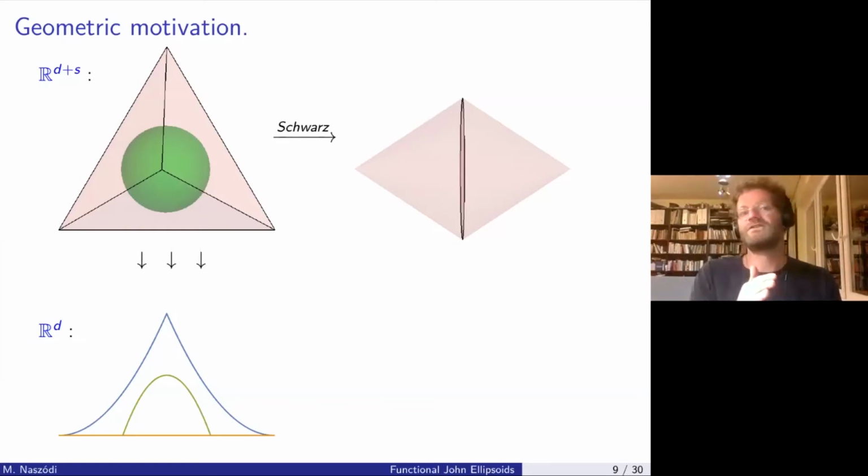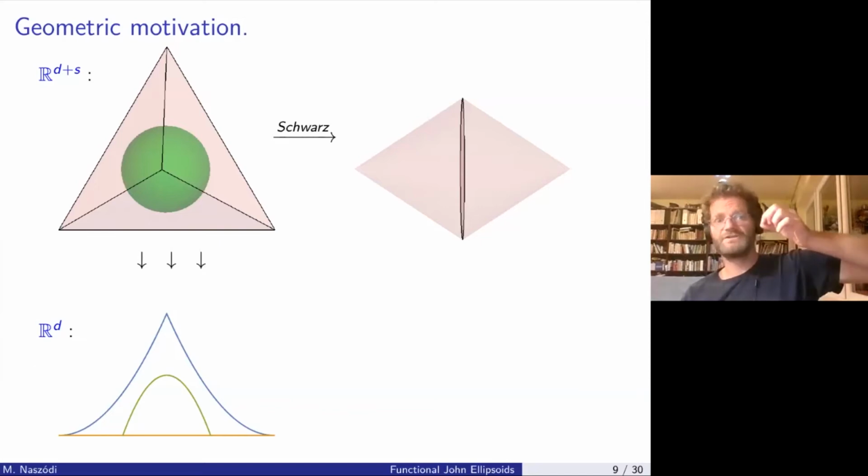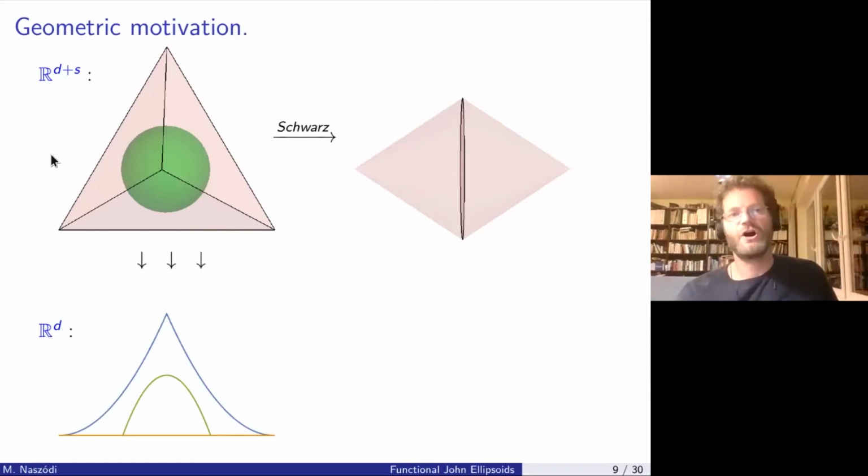So Schwarz symmetrization is the same, but now it's not about a hyperplane, but about any linear subspace. So let's say you have R^D, and you do Schwarz symmetrization about R^D. In this case, for each point of R^D, you draw an S-dimensional disk around that point, vertical to R^D, such that the S-dimensional section of the original body has the same S-dimensional volume as that disk.